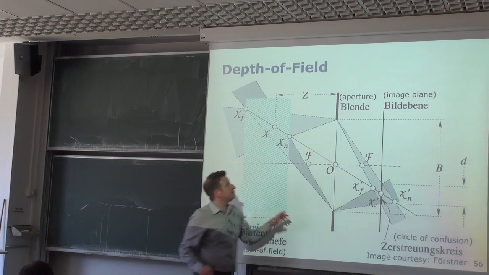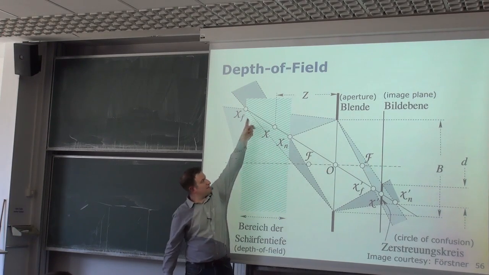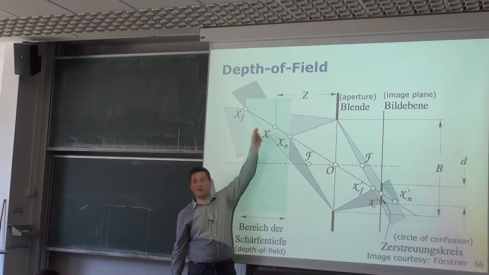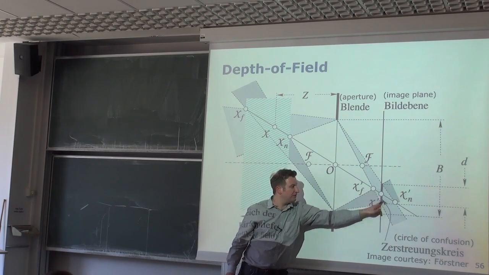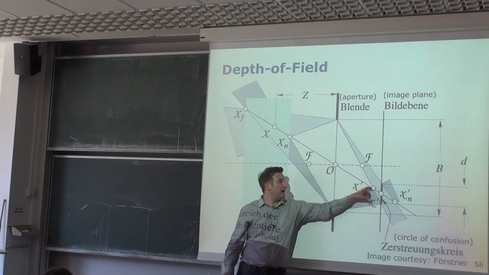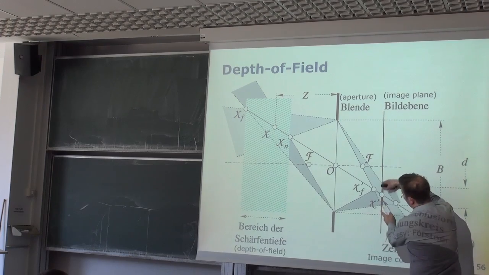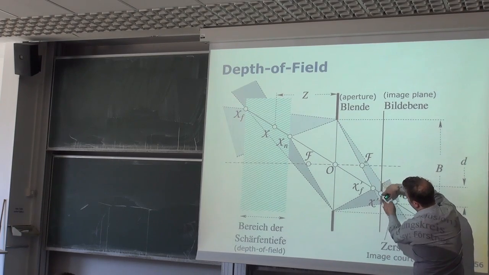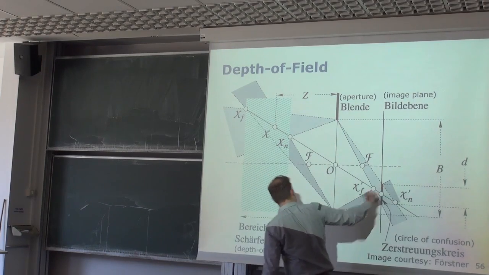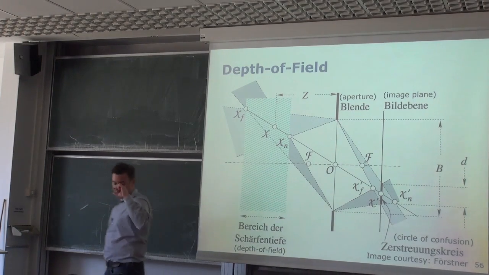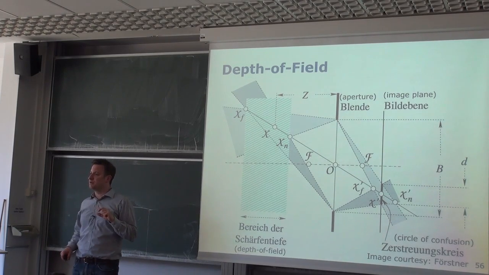So to sum that up, we have different points along this line, and depending where that is, the point will be mapped to different points in here. And the further we are away, the one point moves away from the other, the larger it gets, or smaller it gets, the area to which the points are actually mapped in our image.